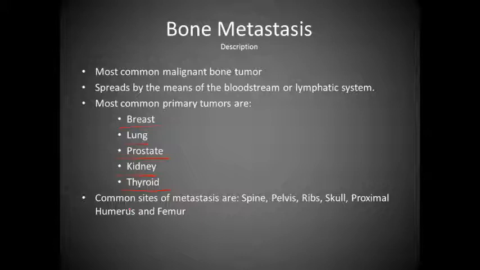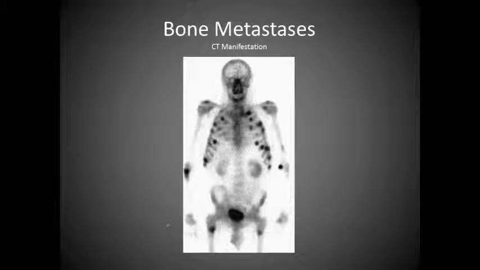Common sites of metastasis are the spine, pelvis, ribs, skull, proximal humerus, and femur. And so there are a lot of bones that can be affected. And notice 1, 2, 3 of these are significant weight-bearing bones. So it can cause a lot of abnormalities just simply from this.